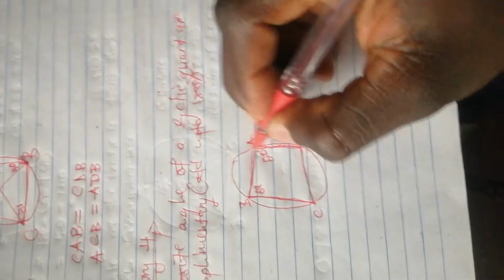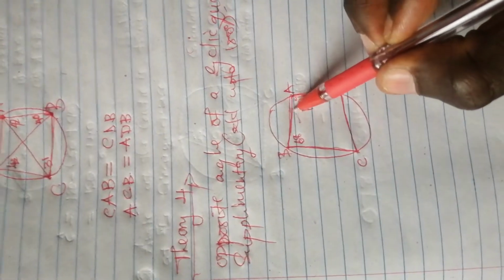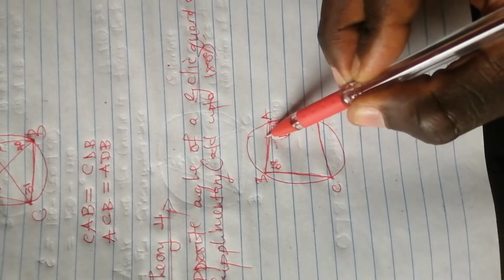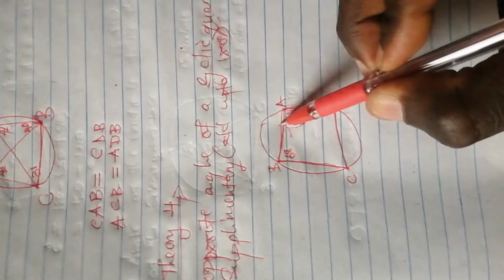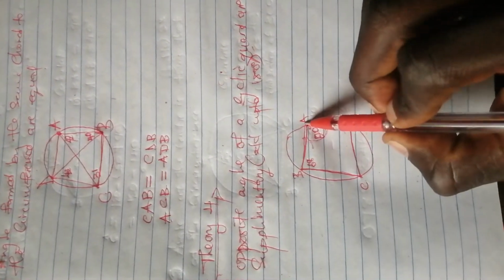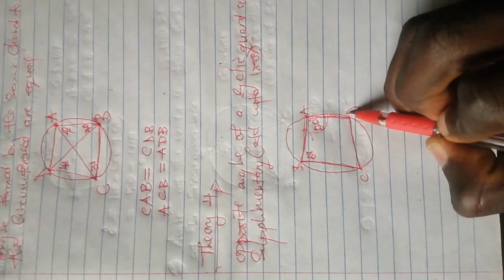So we are saying the opposite interior angles of a cyclic quad add up to 180, or they are supplementary, which means this one, its opposite is this one, and this one, its opposite is this one.